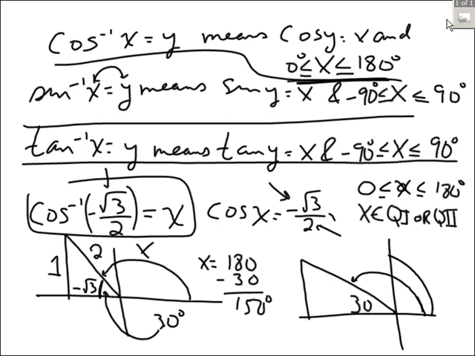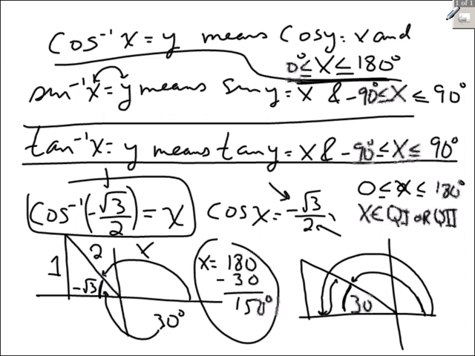You can go further than you meant to. You can go 180. Why 180? Because I know where 180 is. And then I can come back exactly 30, because I know this is 30. And 180 minus 30 is 150. So that's the answer. X is equal to 150 degrees. Or you can write it in radians.